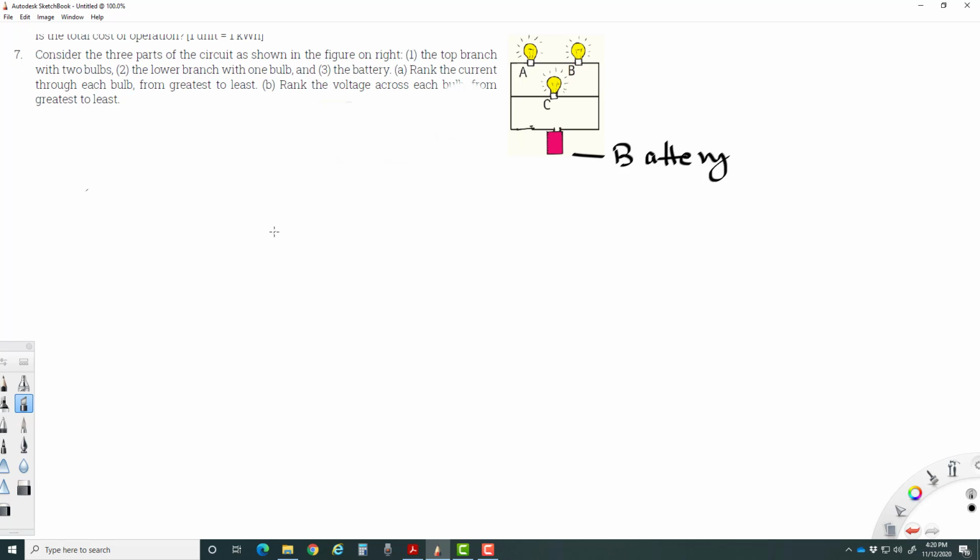So let's first think about the current. When the bulbs are in series like this, then this path offers the greater resistance. So this one has greater resistance to the current, and this one offers less resistance.